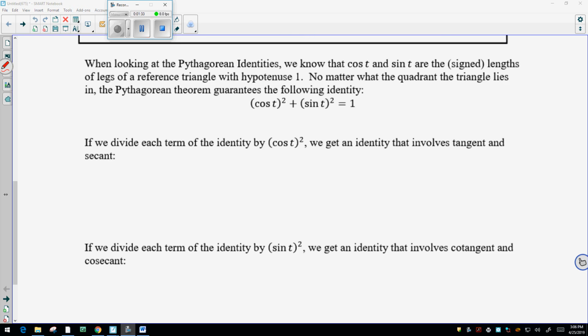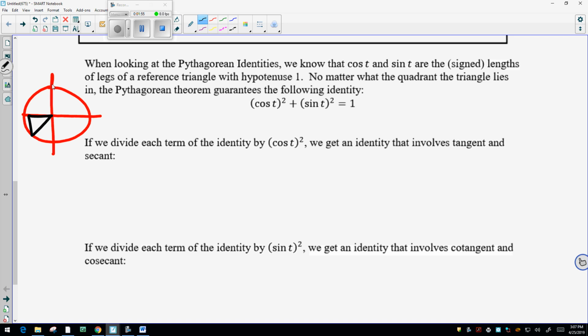So Pythagorean identities, think a squared plus b squared equals c squared. And if we were to think about this on, let's say, a unit circle or wherever we were deciding to place a triangle, it does not really matter the quadrant that you put it in. So let's say, for instance, I put this down here.